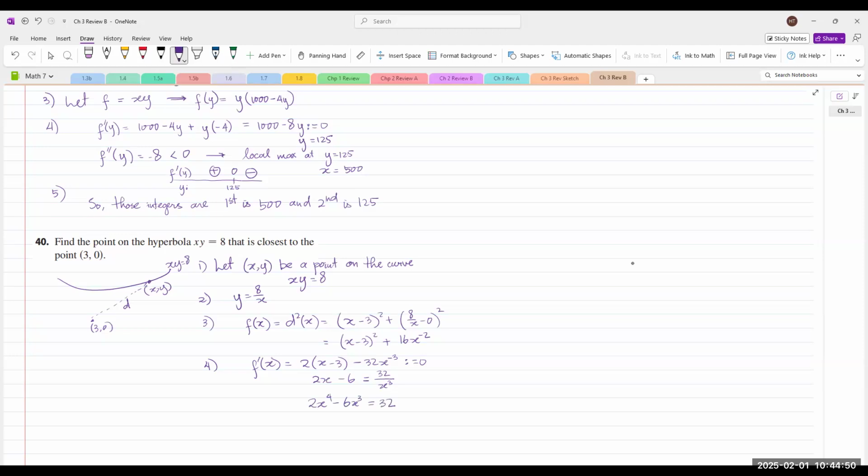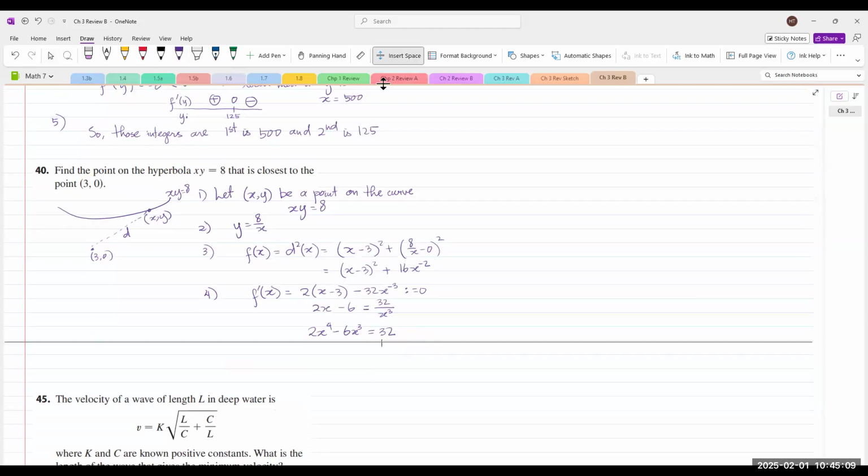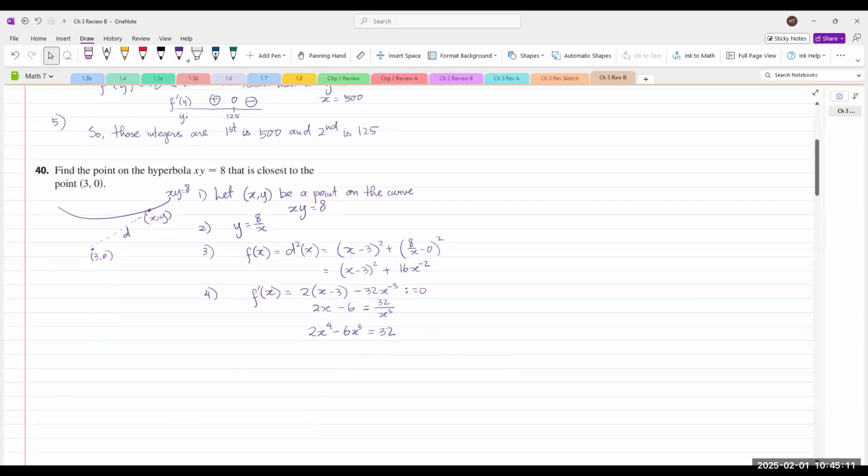Did I do anything wrong? Why does it look so ugly? Oh, I can divide by 2 at least. Let's divide by 2 first. I hope that reduces my anxiety. I get x to the 4th minus 3x cubed minus 16 equals 0.